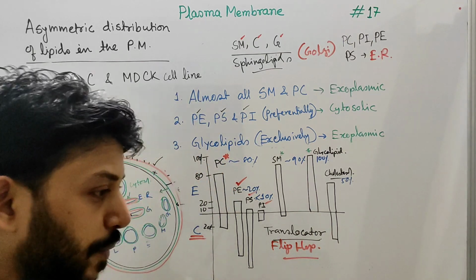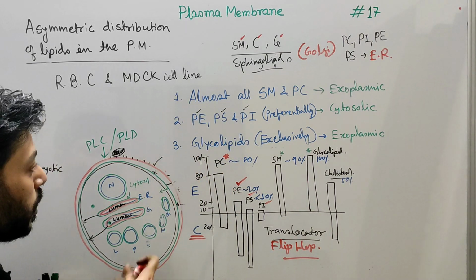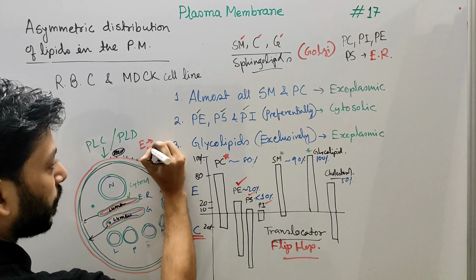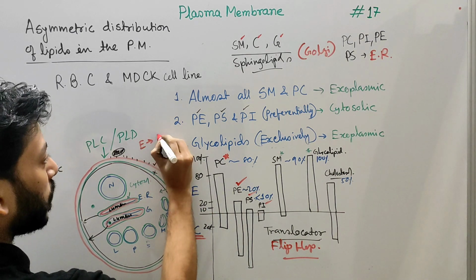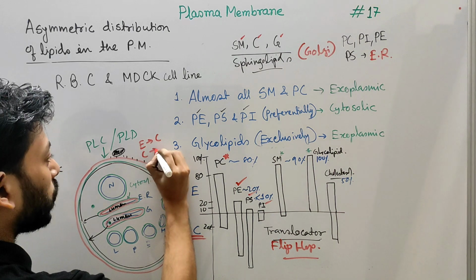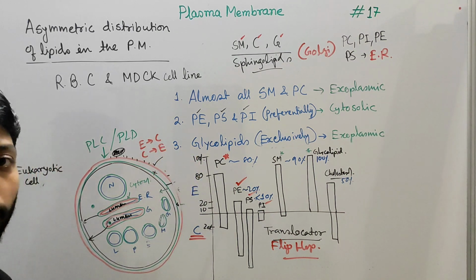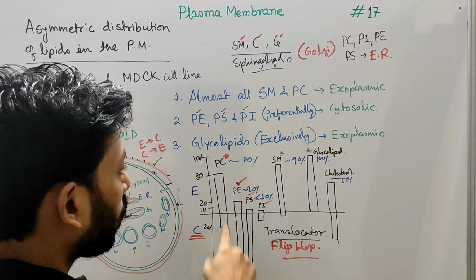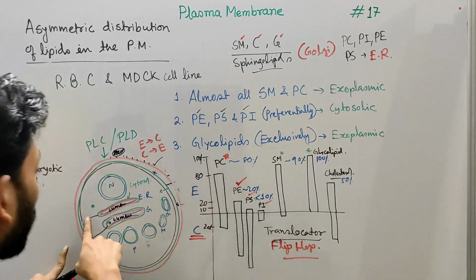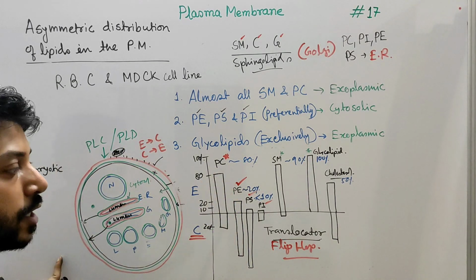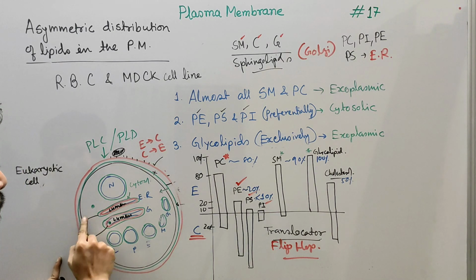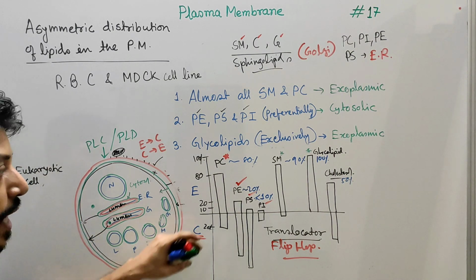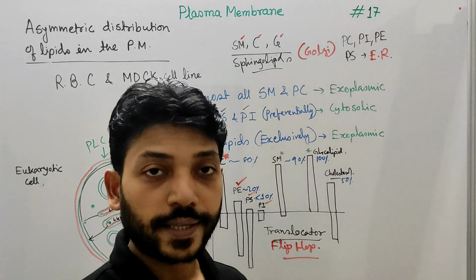I have mentioned in my previous video that if lipid molecules jump or migrate from the exoplasmic leaflet to the cytosolic leaflet, or from cytosolic to the exoplasmic leaflet, this is called flip-flop movement. So scientists told that phosphatidylcholine is made in the cytosolic leaflet, but a translocator actually helps these lipid molecules migrate from cytosolic to the exoplasmic leaflet.